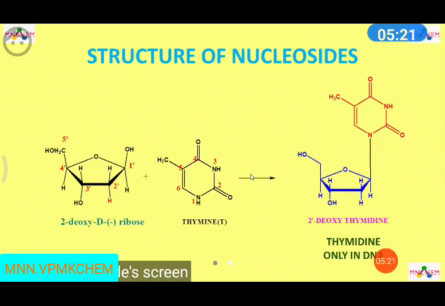Whereas when we form a nucleoside from 2-deoxy-D-ribose and thymine, it gives thymidine, which is found only in DNA, or deoxyribonucleic acid. So 2-deoxythymidine, or thymidine, results from the combination of 2-deoxy-D-ribose sugar and thymine in the DNA structure.